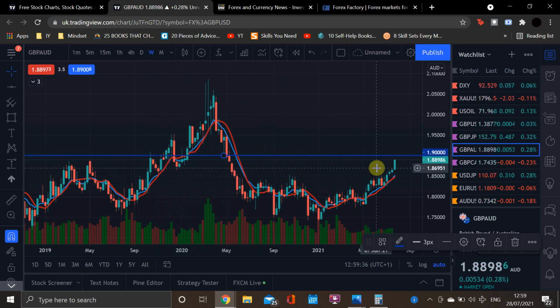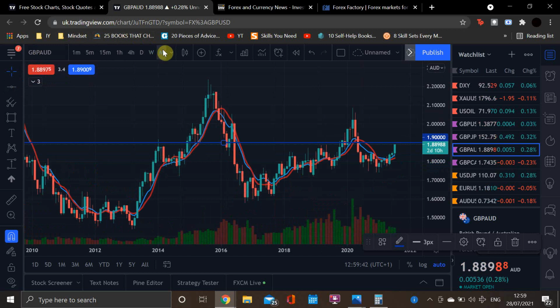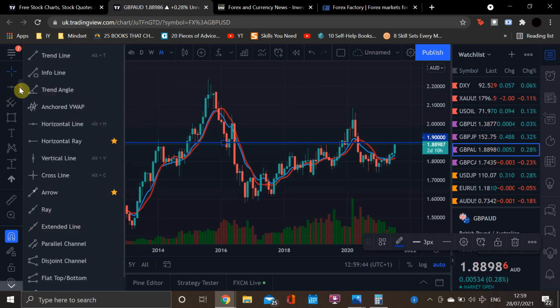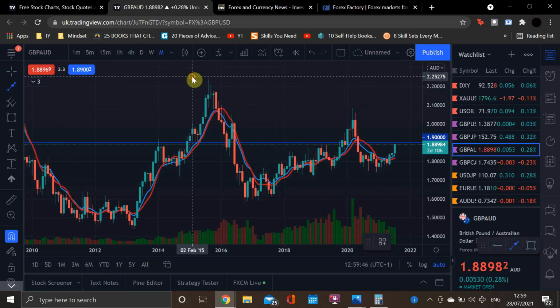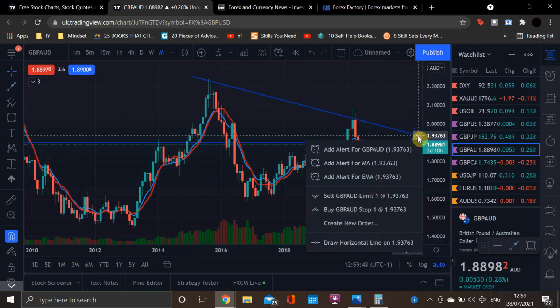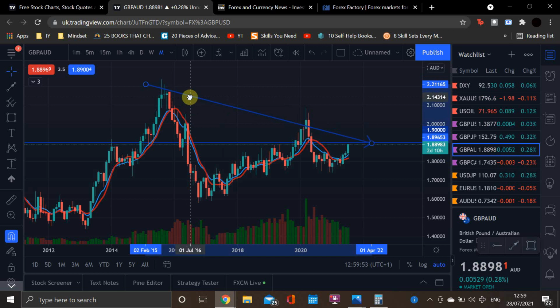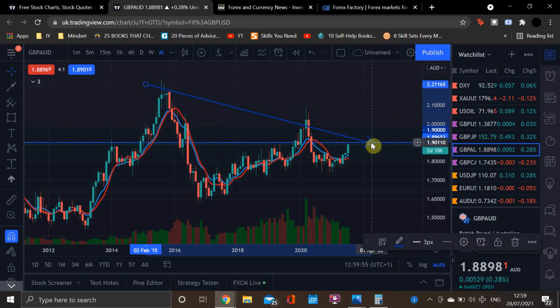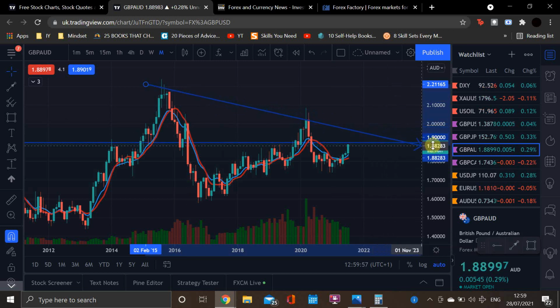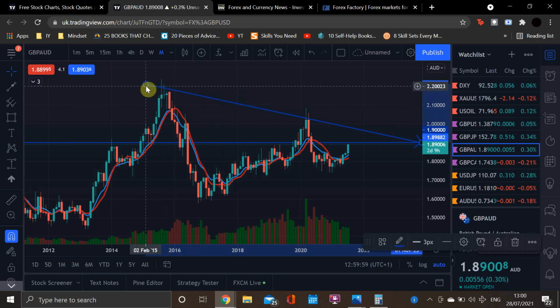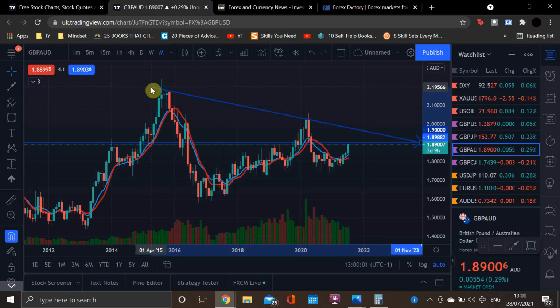It's definitely trying to reach that area right there. Okay. I should do this though. Don't forget about this trend line going on here. Make it orange.